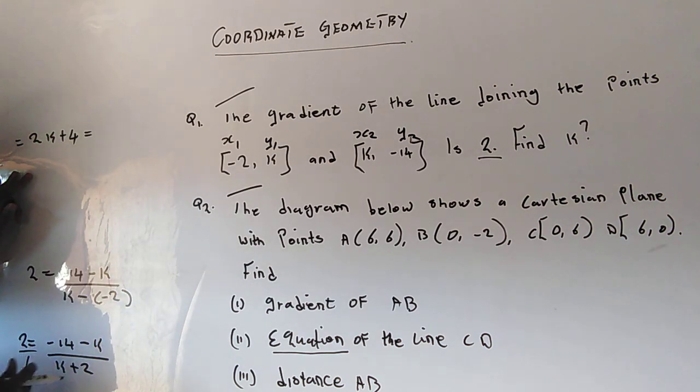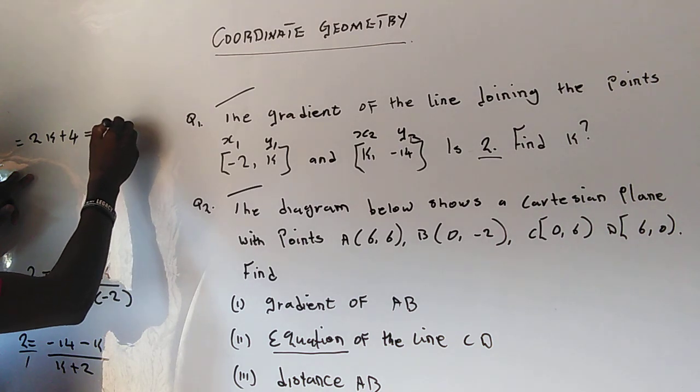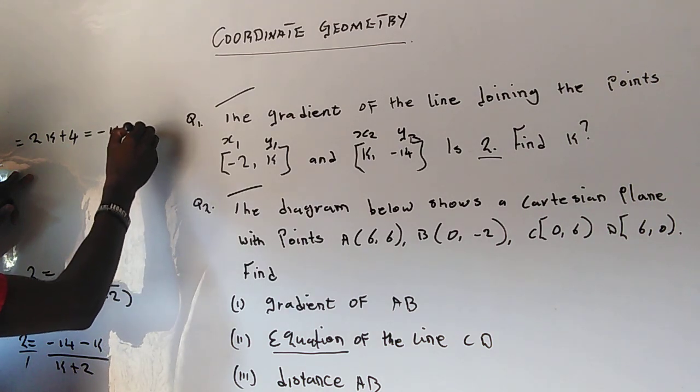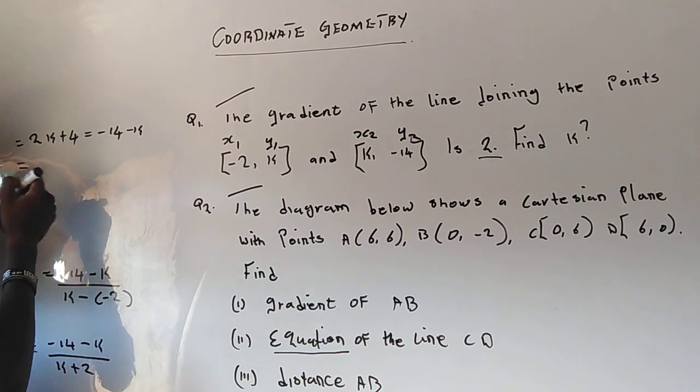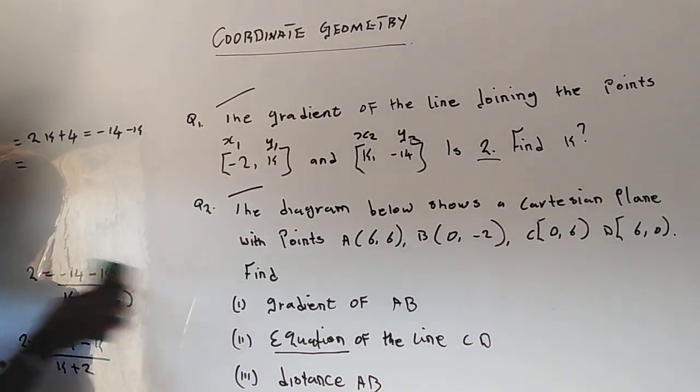In short, there's a division by 1 here, and 1 times everything from this side gives negative 14 minus k. Let me erase this part so I can have enough space here.